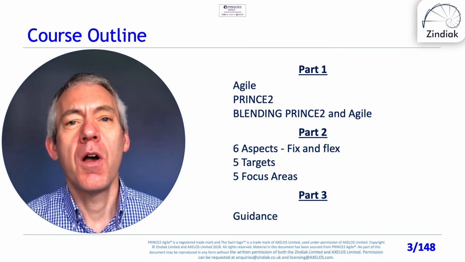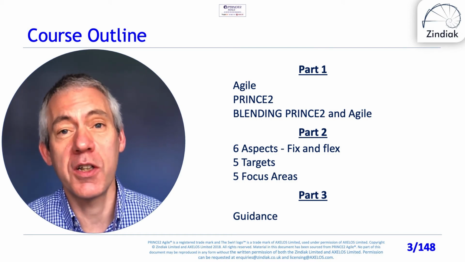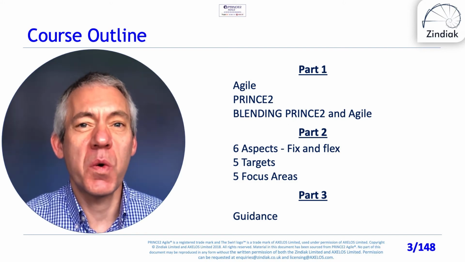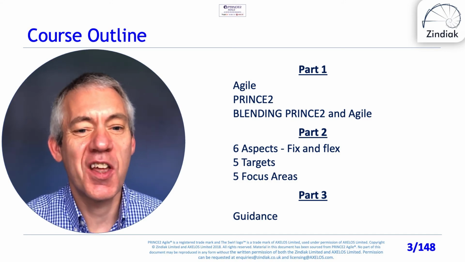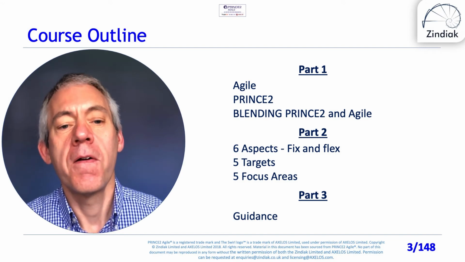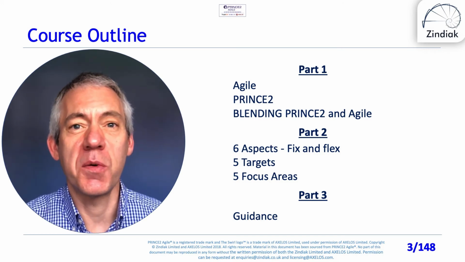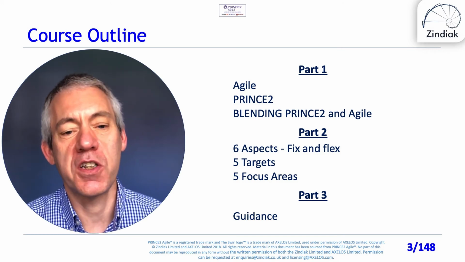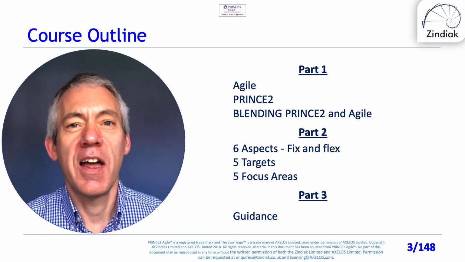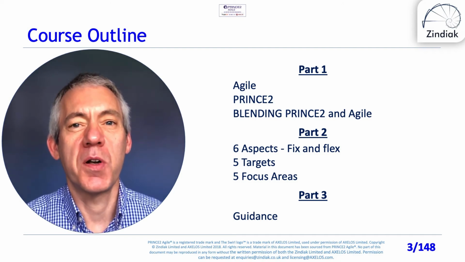In part 2, we'll look at the 6 aspects of time, cost, quality, scope, risk and benefits, and which of those we want to fix, such as time and cost, and which of them we want to flex, certainly scope. We'll also look at the 5 targets of PRINCE2 Agile and 5 focus areas before we move on to part 3, where we will give you some guidance in terms of adopting PRINCE2 Agile.